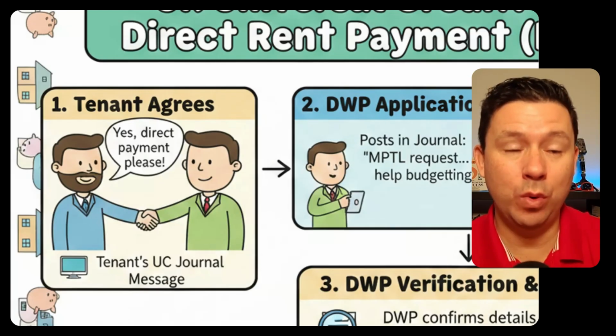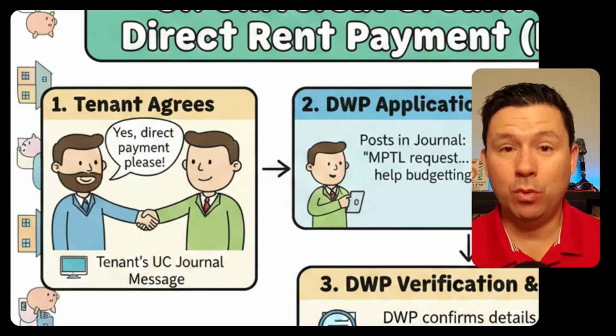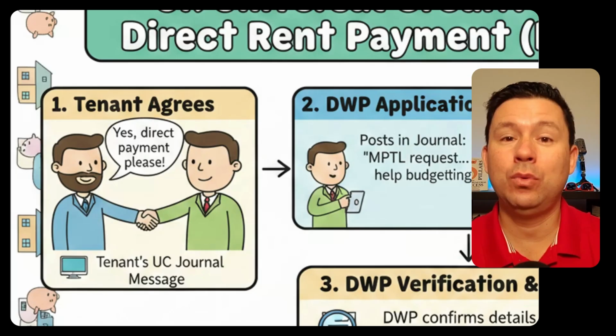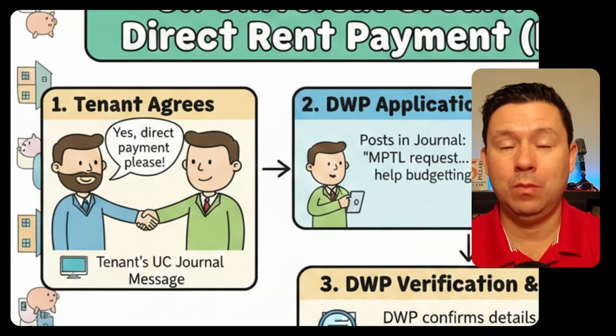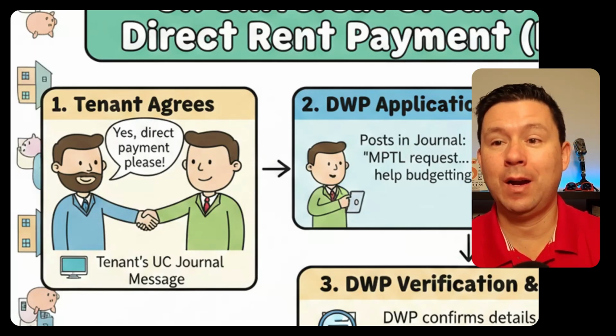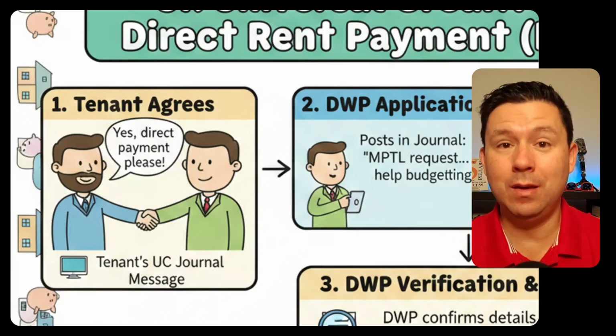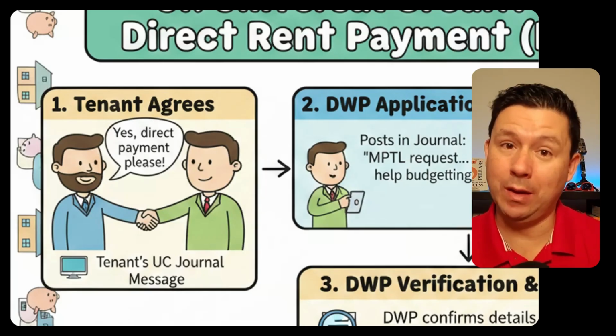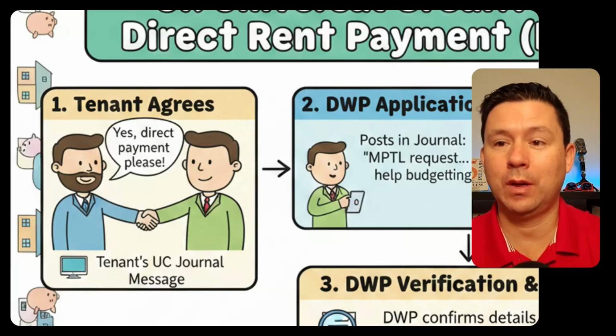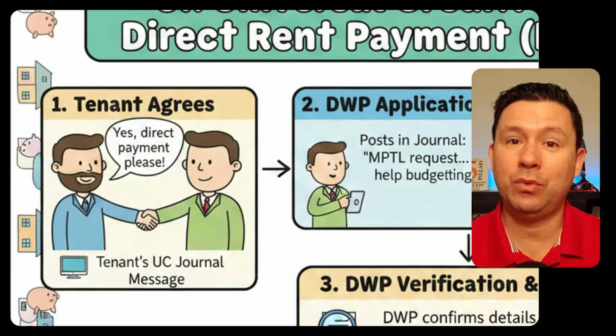He will have to do that. Within that request, the tenant will have to enter your name as a landlord and the bank account where he wants the rent paid, which is your landlord account, and also he will have to enter the total amount.